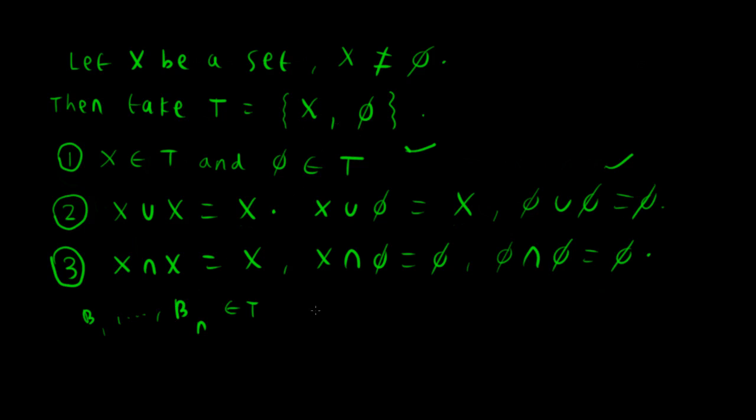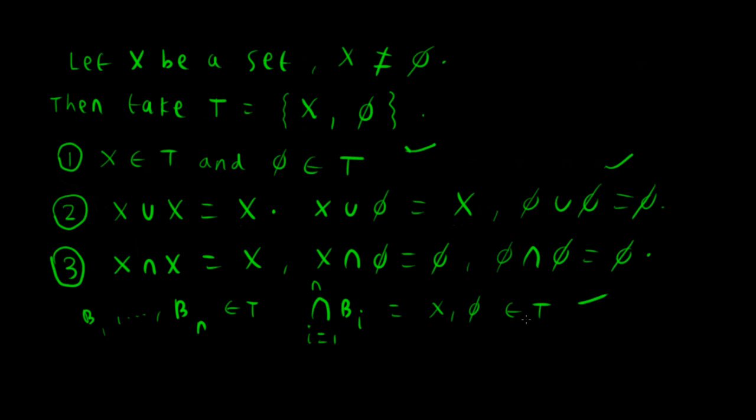So somewhere in the intersection from i equals 1 to n of the Bi's, I'm going to end up with some X's and some empty sets, and we've seen all the possible combinations here, so the only thing I can end up with is X or the empty set, which is certainly in T.